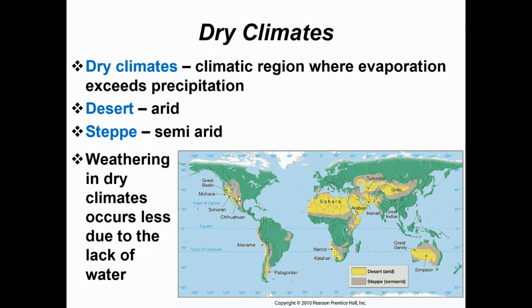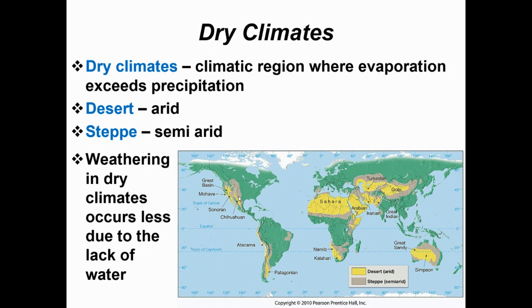So in these dry climates, weathering tends to occur less due to the lack of water, okay? That's a look back at what we discussed when we talked about surface processes. We noticed that weathering is most efficient in warm, very moist environments.